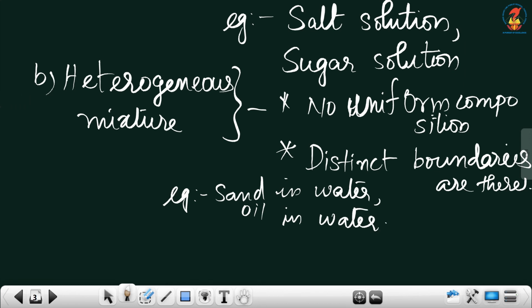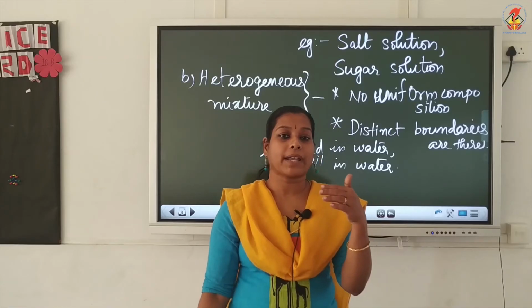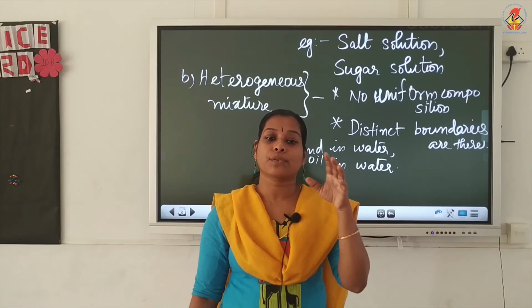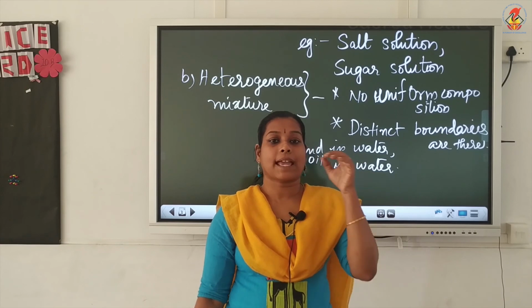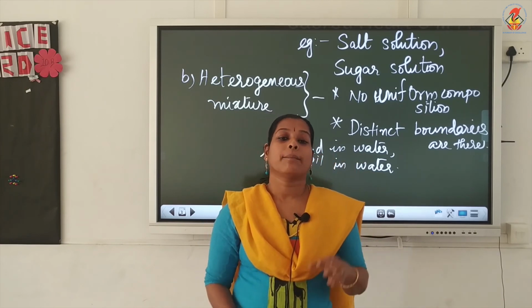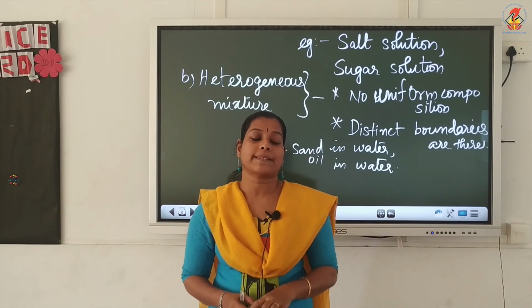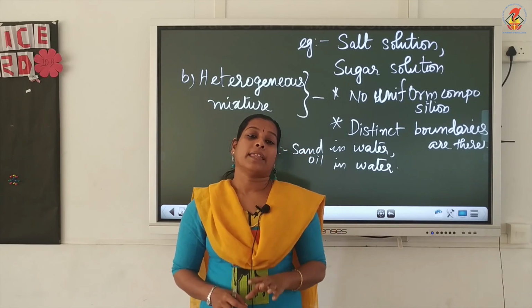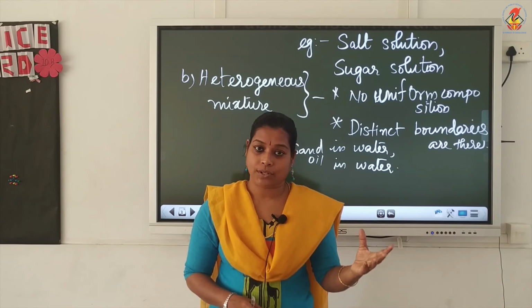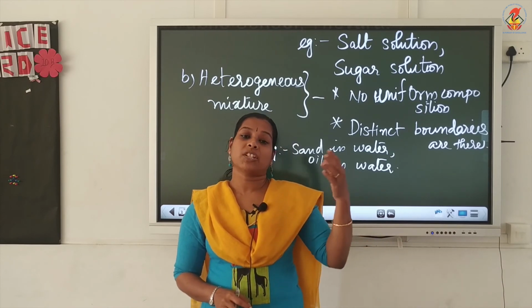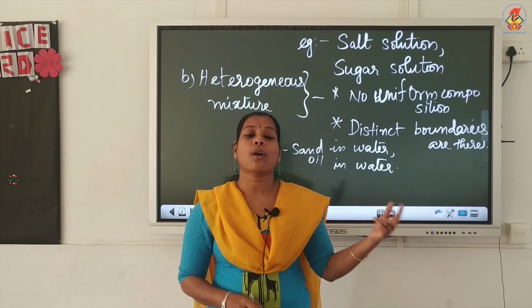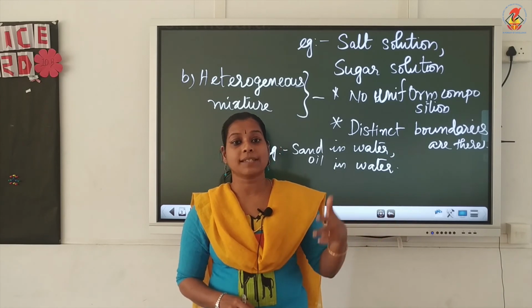Okay, hope you understood this much. We have seen the classification of matter. Matter is classified into two, pure substances and mixtures. Mixtures means two or more components are present at a time, and they do not have a fixed composition. Mixtures are again classified into two, homogeneous and heterogeneous.